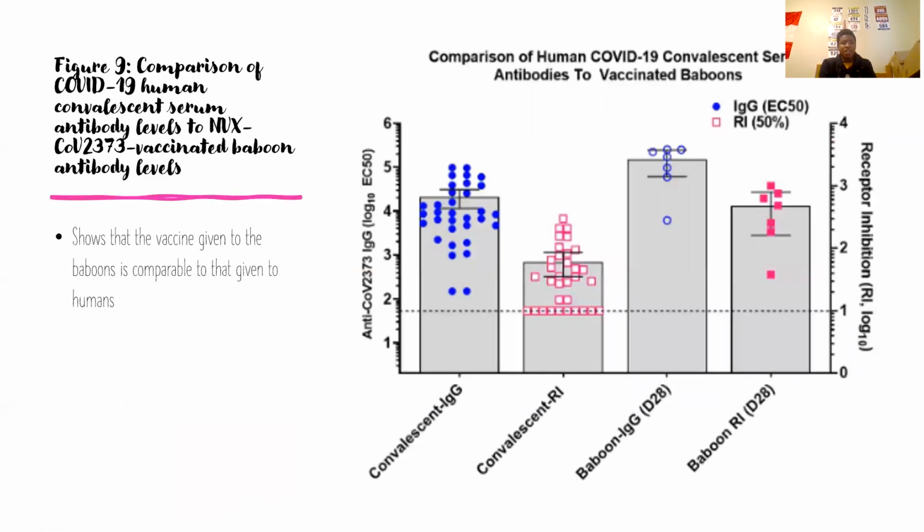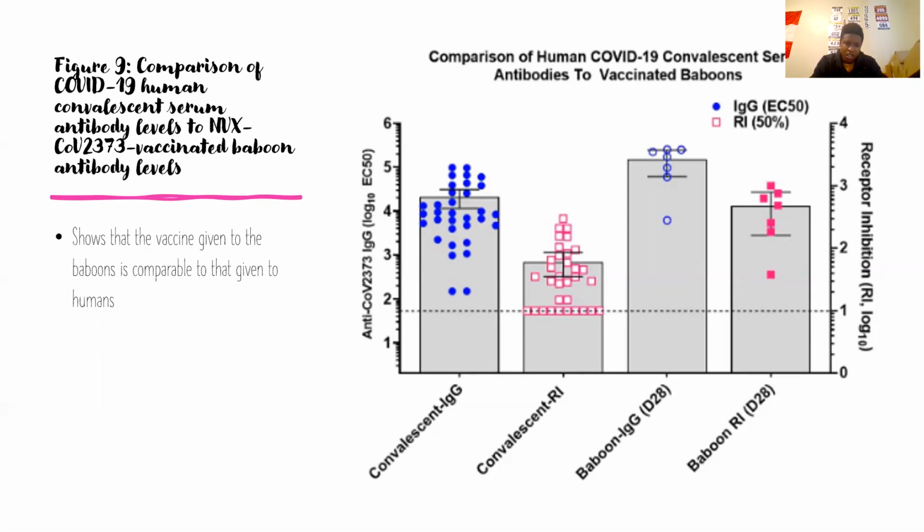And lastly, you look at figure 9, you see a comparison of COVID human convalescent serum antibody levels to the levels in the NVX-CoV2373 vaccine that was given to the baboons.